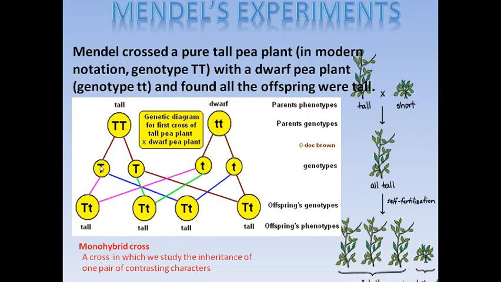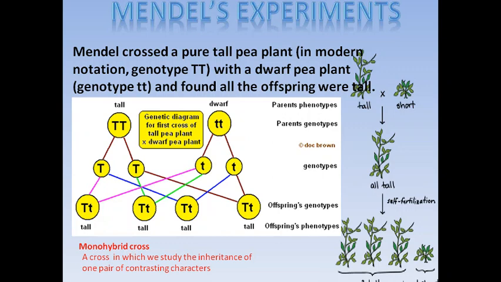Suppose this tall T gamete fuses with small t, it will result in capital T, small t, and likewise all four offspring will be capital T, small t. And Mendel observed that all these F1 generation offspring were tall.